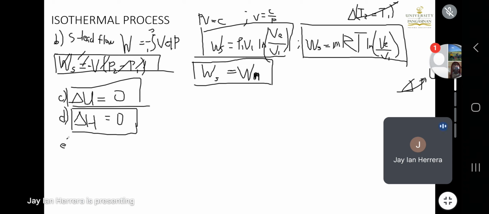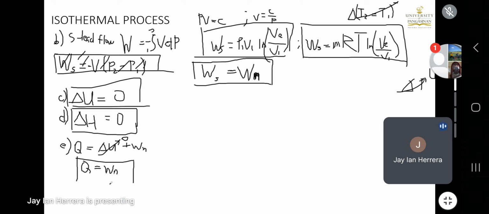Okay. Letter E, we have the heat transfer or simply heat. So sa heat naman, since this general formula here is delta U plus work, either steady or non-flow, but commonly it is work non-flow. Since given na ang ating delta U is 0, so yeah, 0. We can say na our heat is equivalent sa ating work.